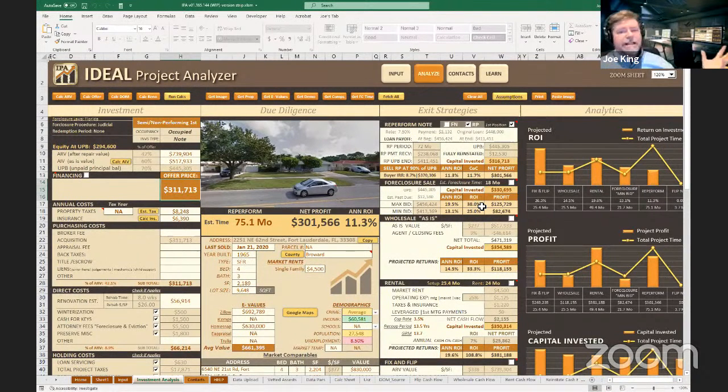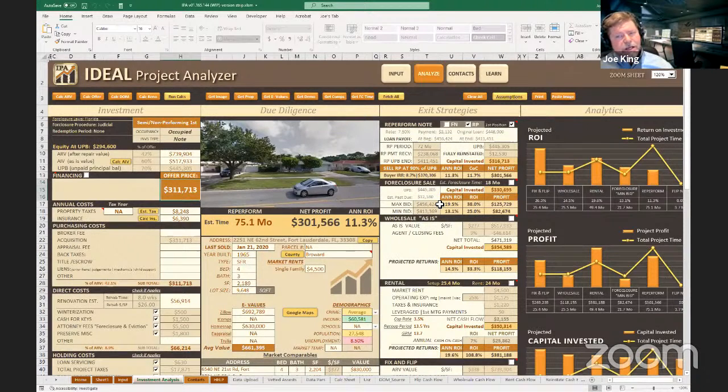Now, let's say nobody bought this thing at foreclosure auction. There were no bids, nobody put an offer in. Then you take the property back, and at that point, and only at that point, are you entitled to that full equity, because now you are the owner of that property. Okay, does that make sense? So in foreclosure, if somebody bids on it, you're only entitled to that maximum bid.